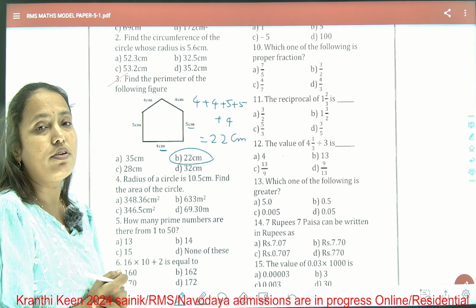Next we will go through one more lengthy question. Here they will give a lengthy question, but if they read the question properly, they can do it very easily. Here see, a piece of wire 7 by 8 meter long broke into two pieces. One was 1 by 4 meter. How long is the other piece?